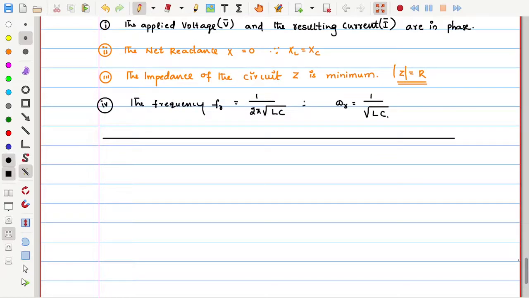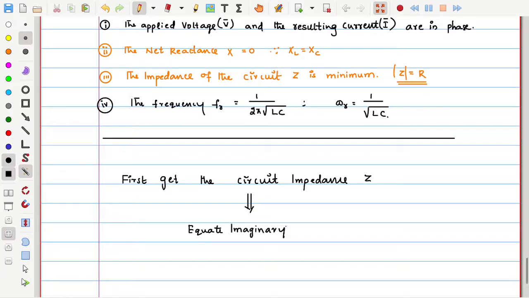Okay. So what we need to do is simple. Whenever you see the phenomenon of resonance, first try to find the total circuit impedance Z. If the circuit consists of active and passive elements, then in the next step equate the imaginary part of Z to 0 for the resonance condition.